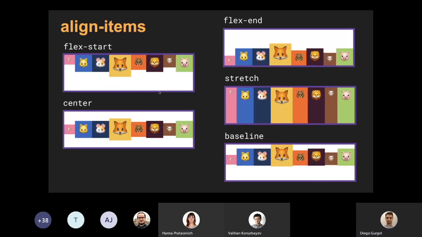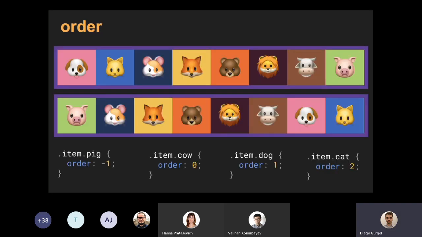Okay, you saw that. The first property that we have on the item elements, or children elements, is the order.